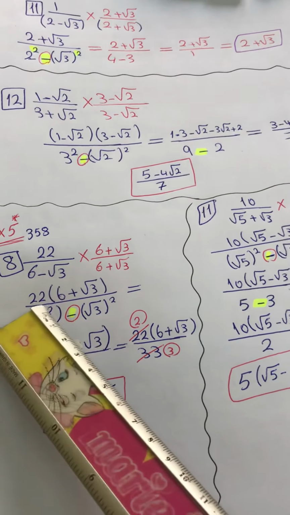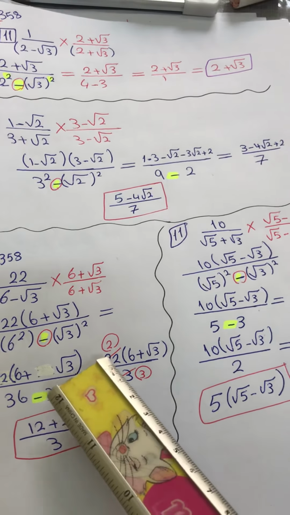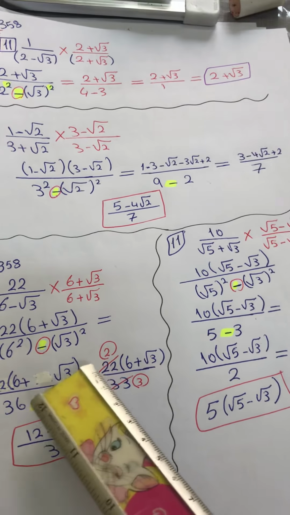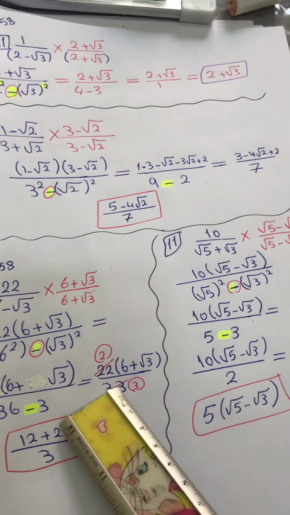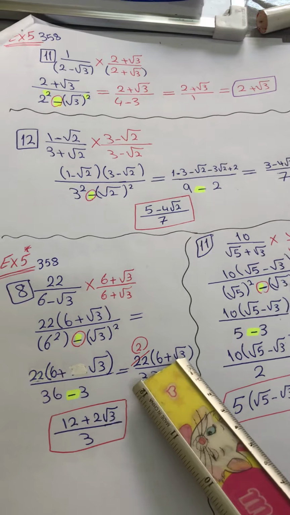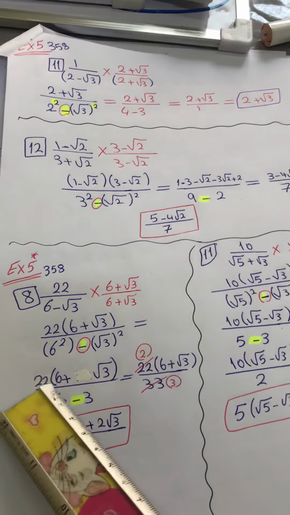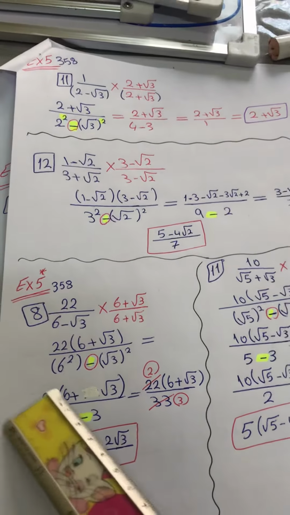You have up 22 multiply brackets. As I said to you in the last problem, keep the number, don't distribute it. Maybe you can simplify it with the denominator like this. I keep it 22 times 6 plus square root of 3. As you see here, I tried to distribute, but I said to myself, why? Let me keep it.